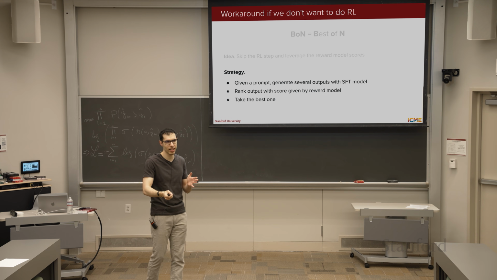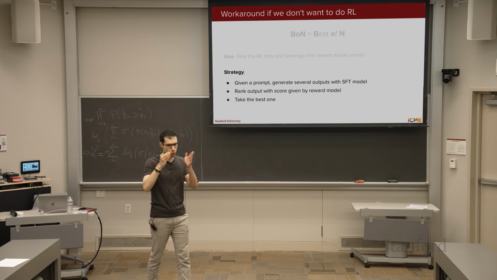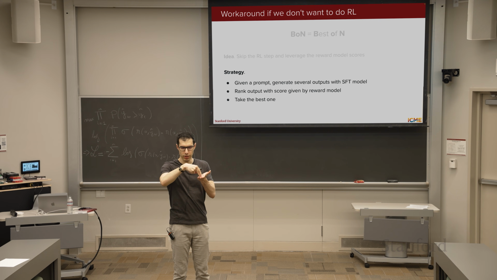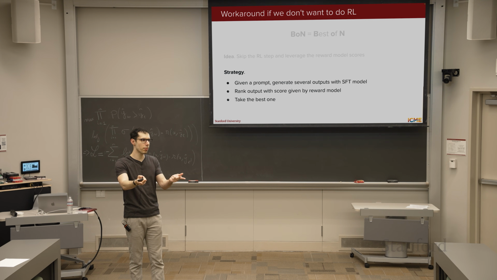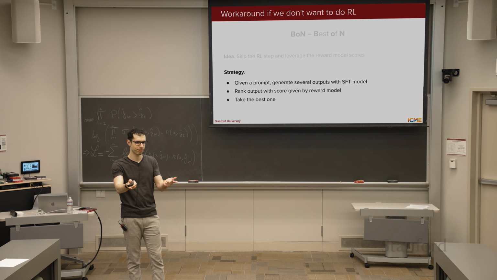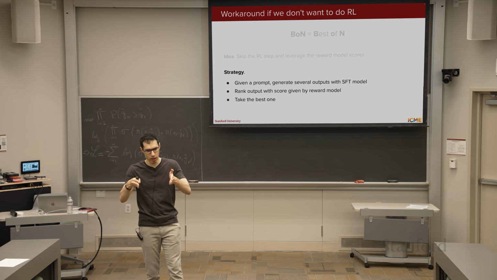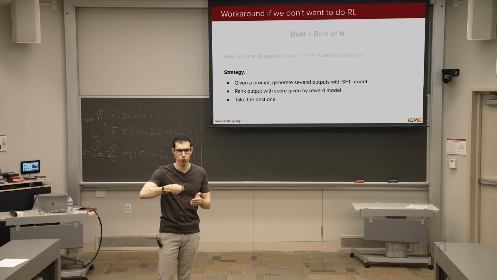So you generate, let's say, 4 times, 5 times. And what you do is you give a score to each prompt completion, and you just return the best one, the top-rated one, which is why it's called best of n. So you have n completions, you rate all of them, and you just return the best one.